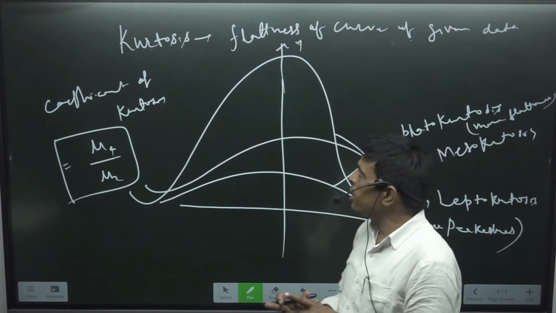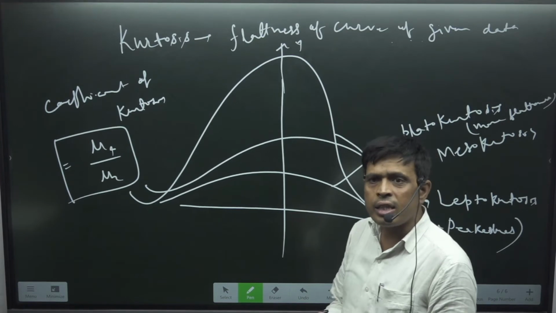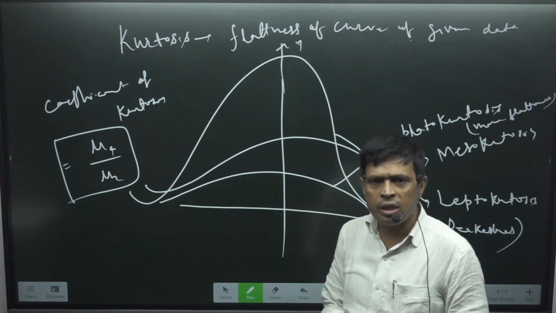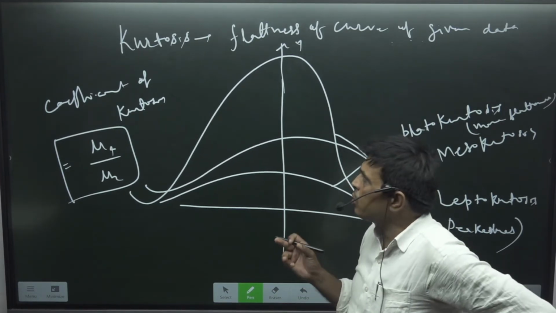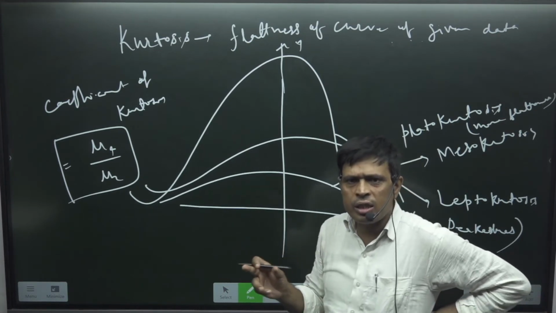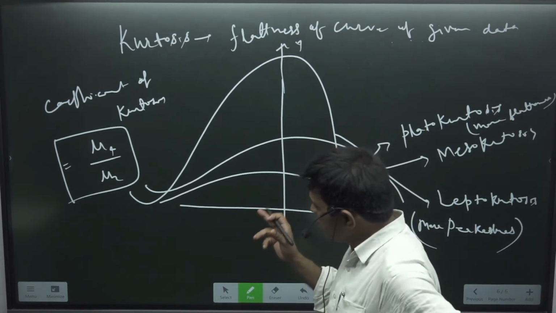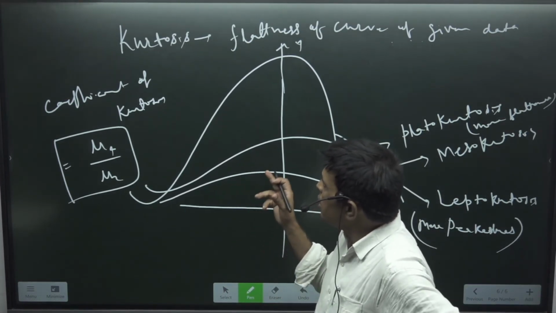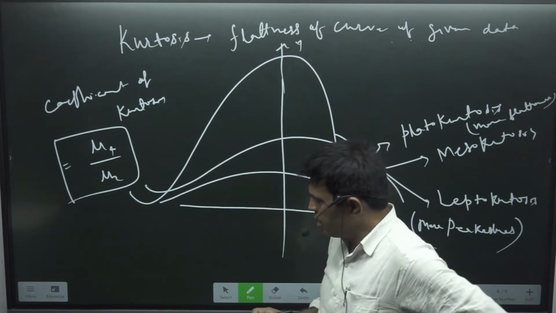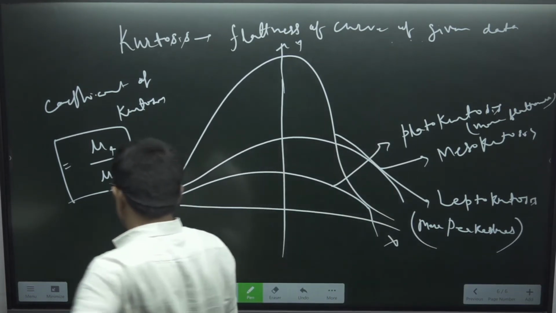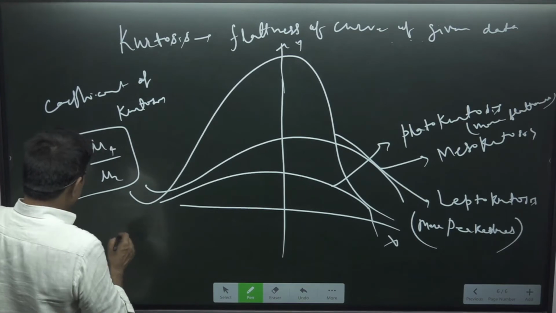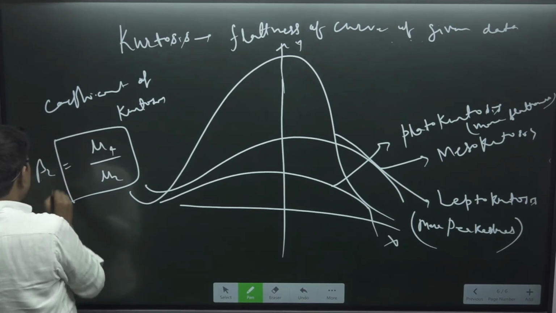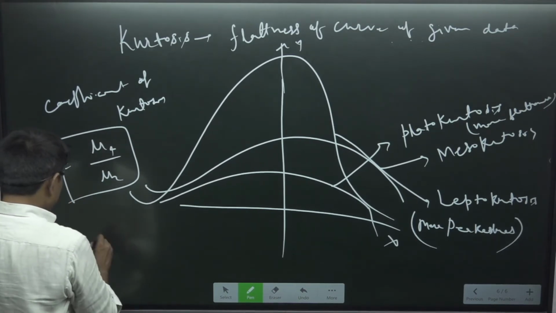Third moment represents the lack of symmetricity, that means the skewness. Third moment represents the skewness, and fourth moment represents the kurtosis. This is said to be beta 2.